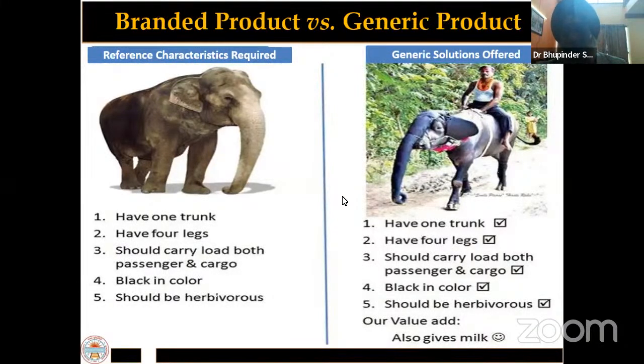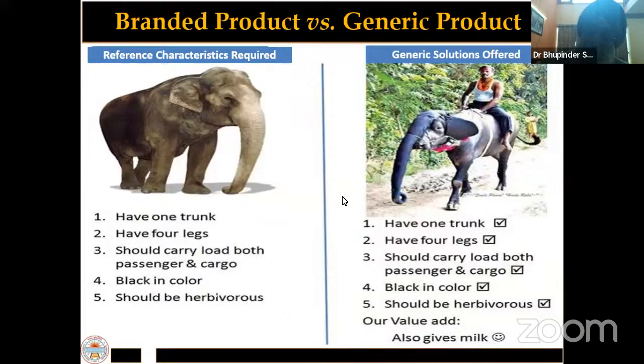the generic product which he's offering is able to carry a load of both passenger and cargo. It's black in color, and the generic product is jet black in color. It should be herbivorous and is herbivorous. And the generic product has another advantage. It gives milk too.